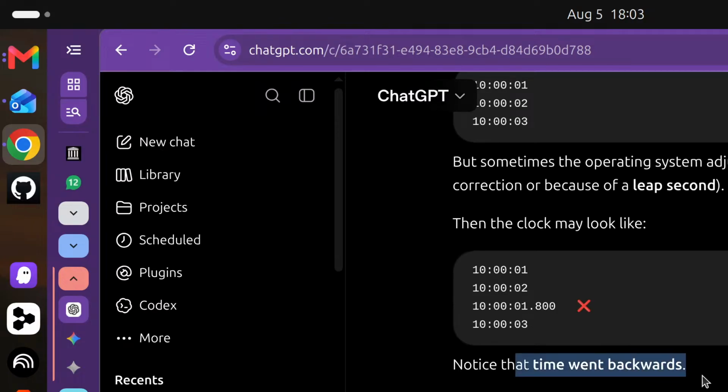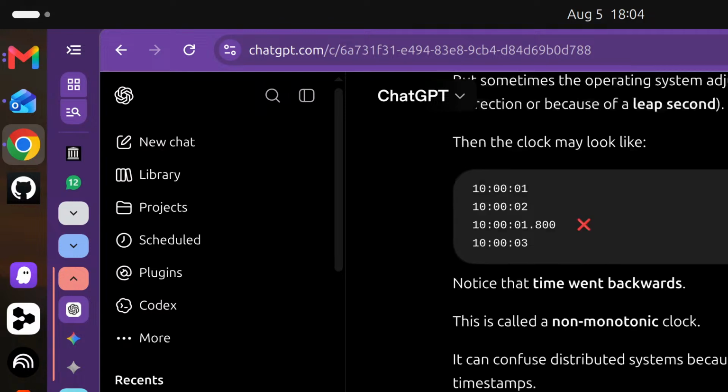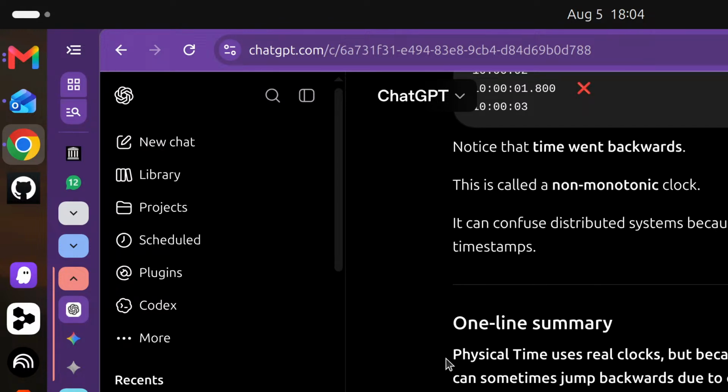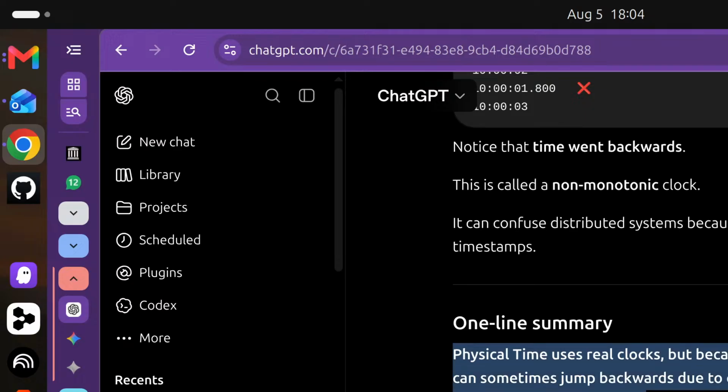Notice the time went backward in this case. This is called a non-monotonic clock. It can confuse distributed systems because they expect later events to have later timestamps. One line summary: physical time uses real clocks, but because clocks are not perfectly synchronized and timestamps can go backward due to clock corrections, it cannot be fully relied upon.